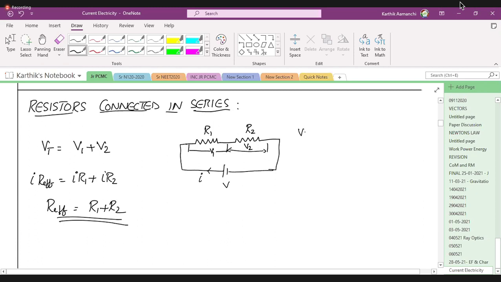So V1 is nothing but IR1, but I is nothing but V by R effective into R1.